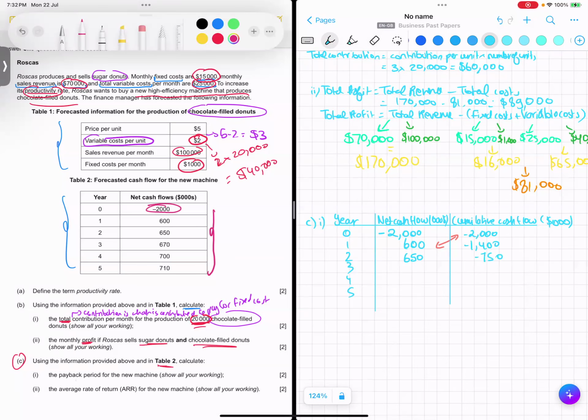And then in year 3 they make 670, so now they have minus 80. Okay? And then year 4 they make 700 and they get a positive cash flow at this point. So they end up with 620, which is positive. And then in year 5, they make 710. Just add 710 to 620, you have 1,330,000.